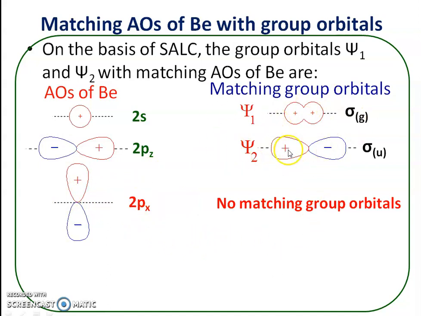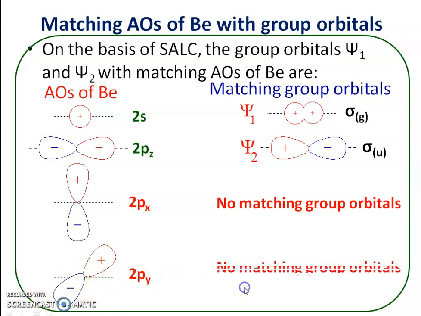There are only two group orbitals, psi 1 and psi 2, so there is no matching group orbital available in this molecule. The fourth orbital available at beryllium is the 2py atomic orbital. In the 2py orbital, again the lobes are oriented above and below the internuclear axis, and here too there is no matching group orbital available in the molecule.